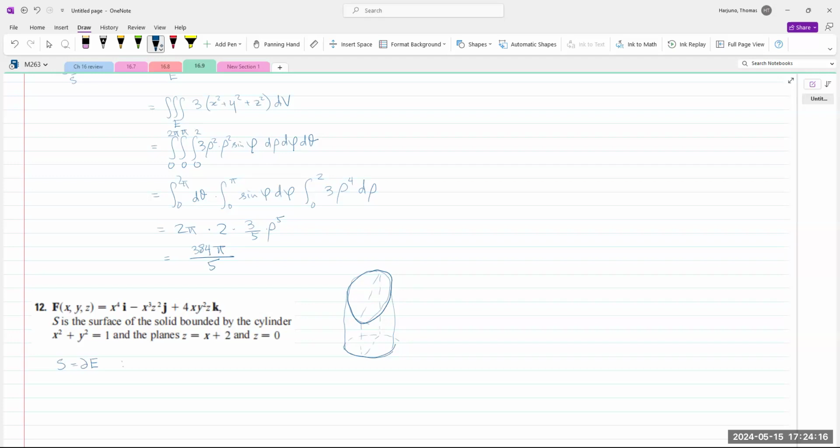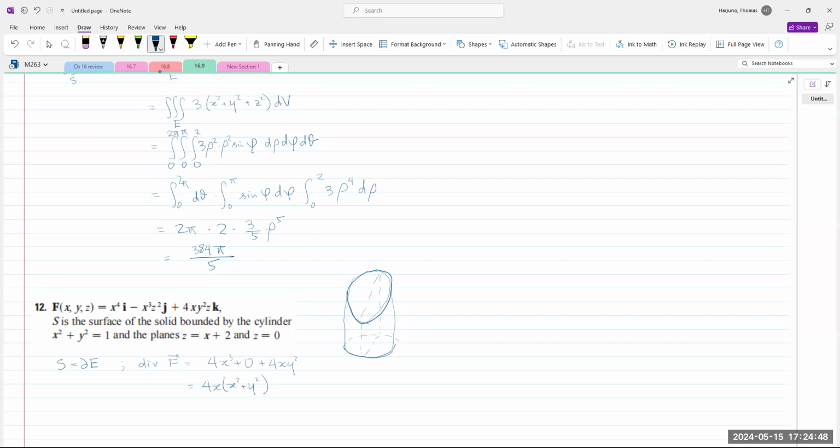The divergence of F is 4x cubed plus 0 plus 4xy squared. Why don't I factor it? So this is 4x times (x squared plus y squared).